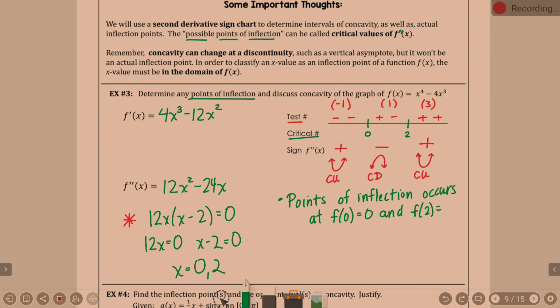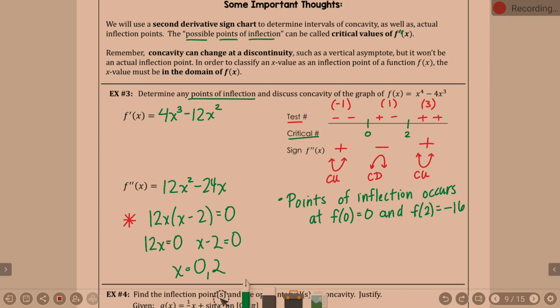So that's going to be 16 minus 4 times 8, so negative 16. For some reason, when I did x to the third, I was thinking 4 to the third, and I got 64. I was like, wow, that's really big.